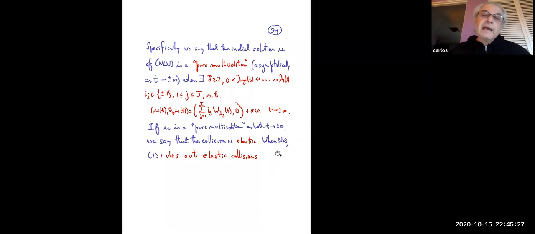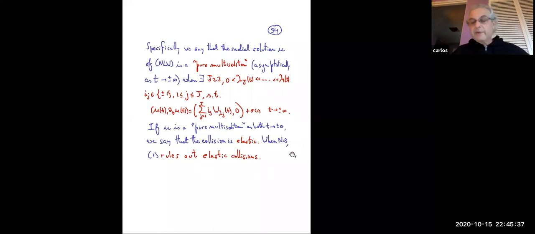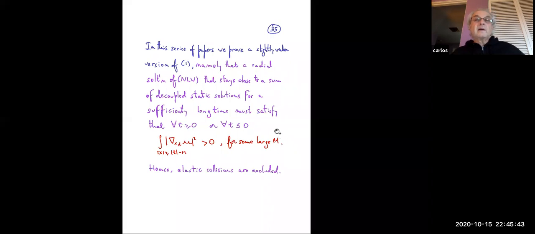these channels of energy can easily be seen to show that there cannot be elastic collisions. And that's a very simple argument. So in this series of papers, one of our results is a slightly weaker version of this channel of energy property.